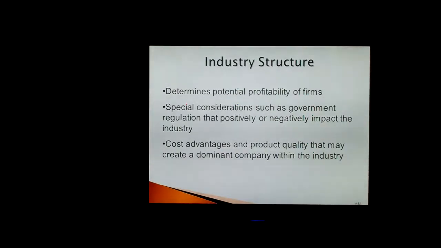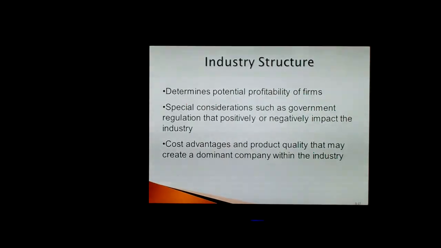Okay, industry structure determines potential profitability of firms. Special considerations such as government regulation that positively or negatively impacts the industry, and cost advantages and product quality that may create a dominant company within the industry. These are things that can shape an industry.